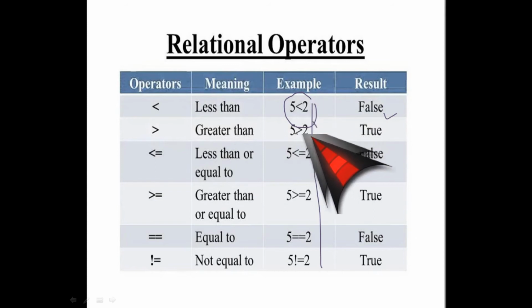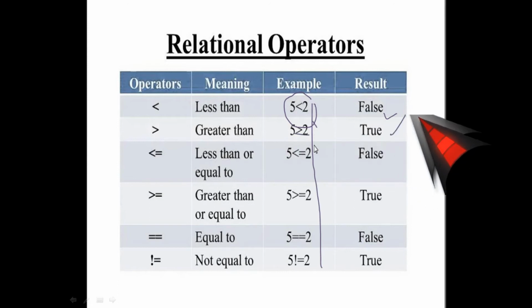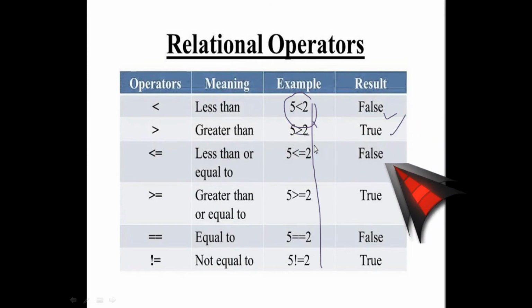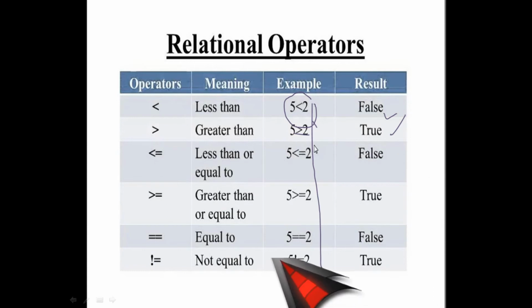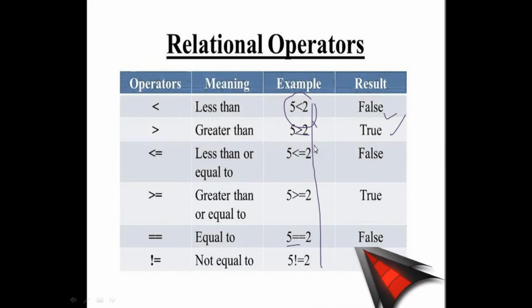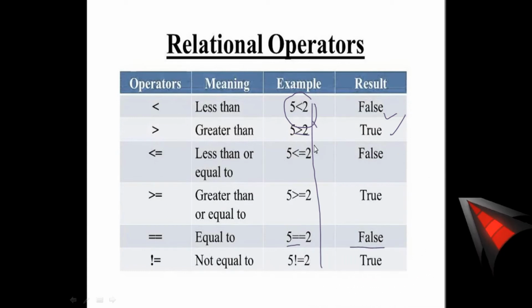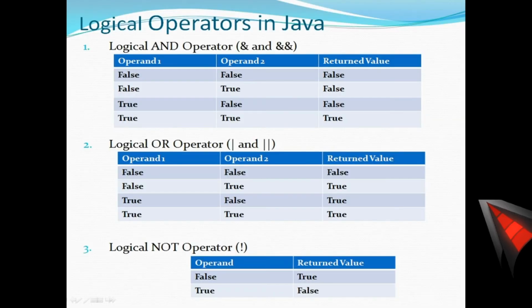Yes, the result is true. 5 is less than 2? The result is false. 5 is equal to 2? No, false. So every time we get the result as a Boolean data type, true or false.